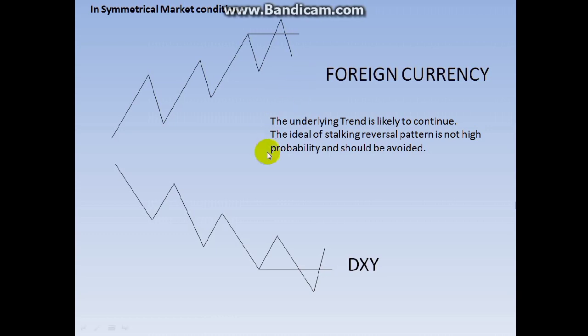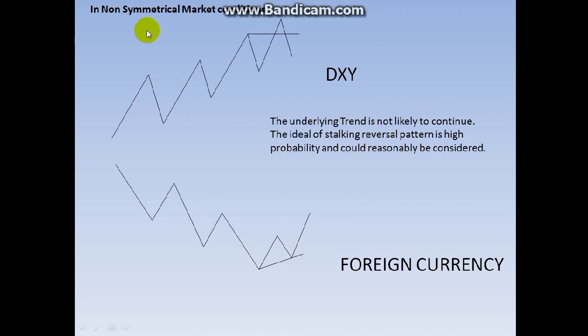Now, in non-symmetrical market conditions, in this case we have the DXY, which is bullish, a risk-off market scenario. We have the market making higher highs, and the underlying trend is currently bullish. So foreign currencies should see some bearishness, right?